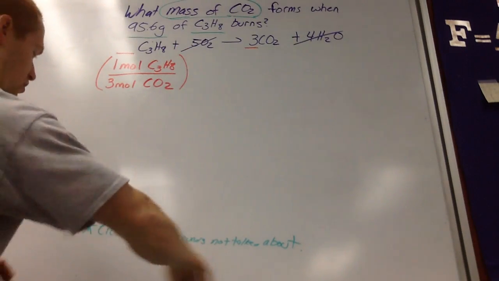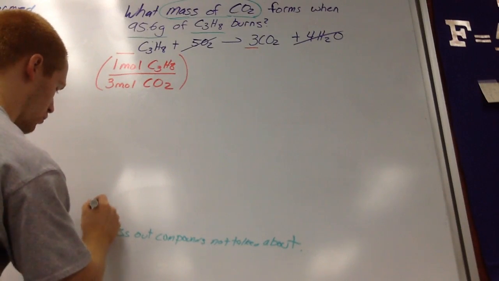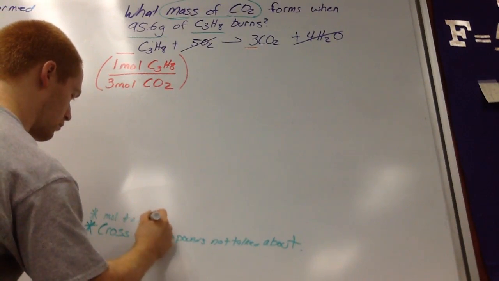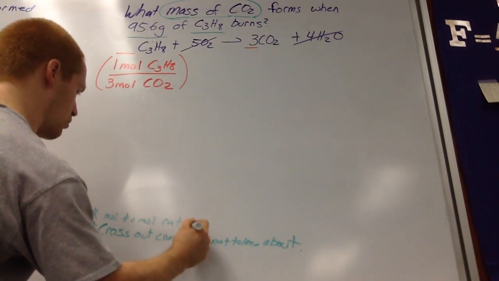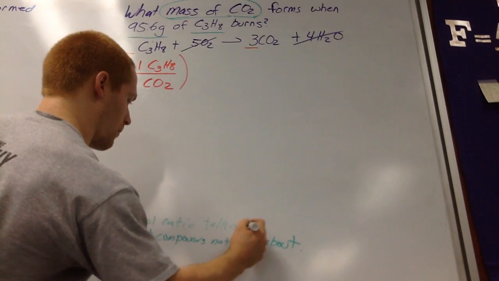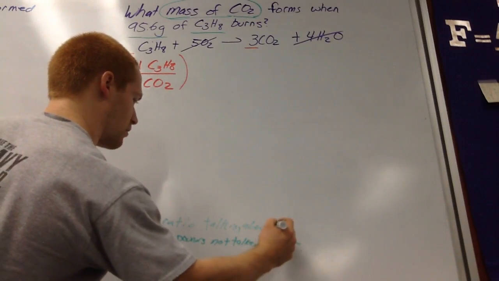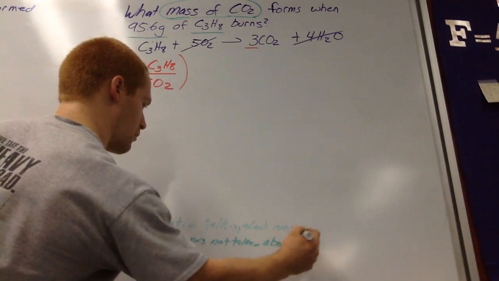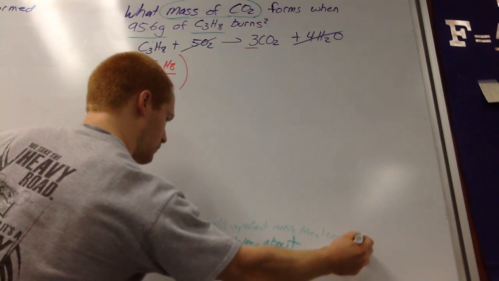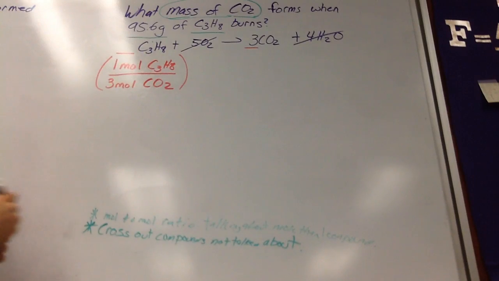If you want to write that down as well, mole-mole ratio, and that is due to the fact that we're talking about more than one compound. Okay, so that's one of our conversion factors.